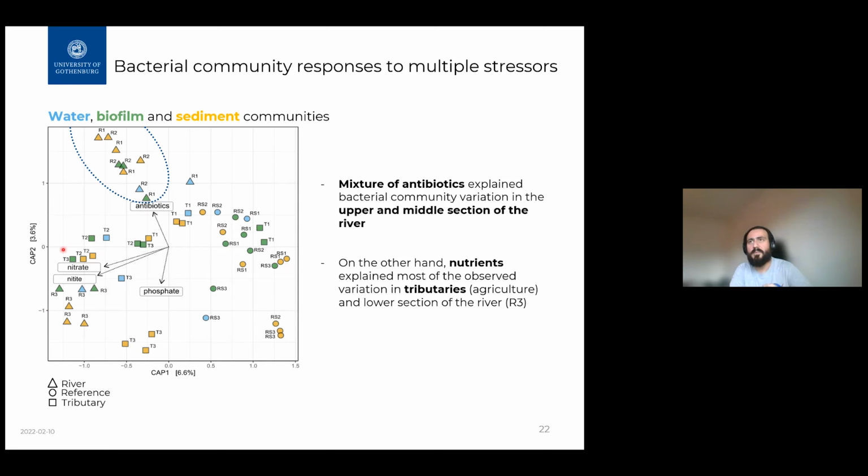And just remember that the tributary sites were the ones running through agricultural areas, usually sites very well characterized by high nutrient load.